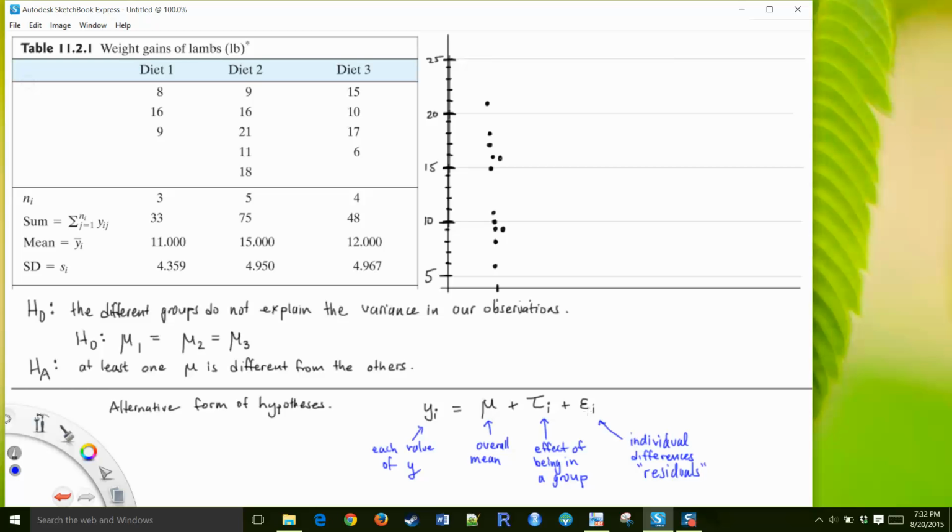And then the alternative is at least one tau is not 0. Okay, so both of these are effectively saying that the mean of each group is the same as the population. Okay.